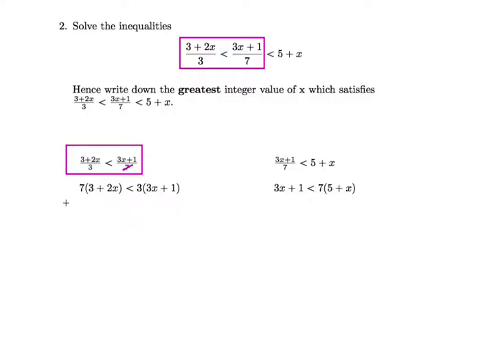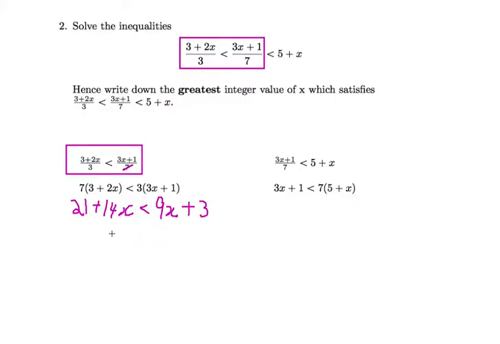So simply just multiply in 7, so 21 plus 14x smaller than 9x plus 3, okay? And then you bring 9x over and then 21 over, okay?